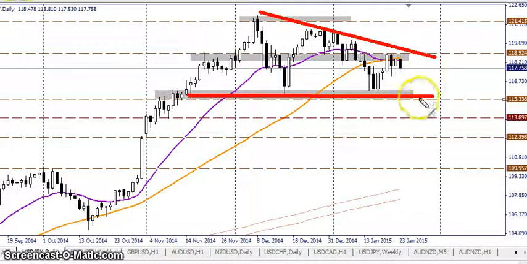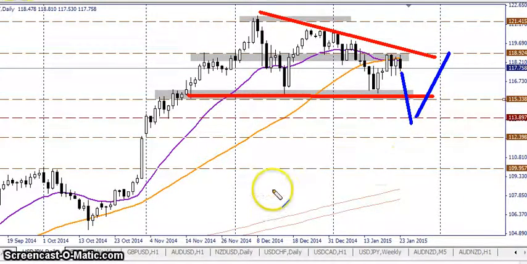So we are in a descending triangle, and often in a descending triangle, price can break down to the downside, and then we can look for another buying opportunity to the upside.